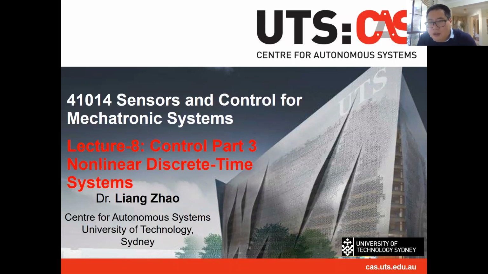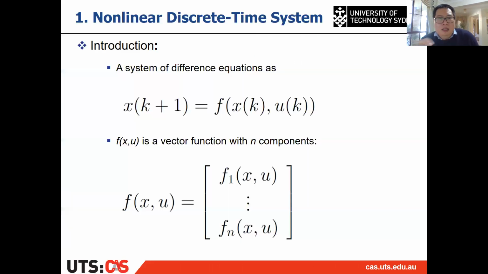But for the nonlinear discrete time system, we mainly analyze and introduce it based on what we have in the linear case. Then I will show you a little bit later. All right, so the general formulation of the difference equation for the nonlinear discrete time system is as what we showed here. As we can see, it is still xk and xk plus 1, which means that is a discrete time system instead of a continuous time system, right?